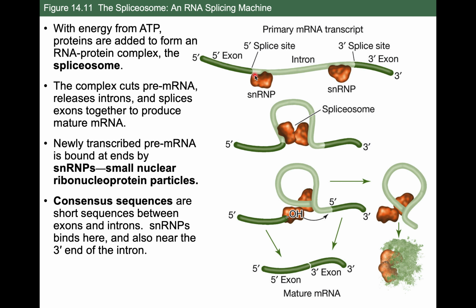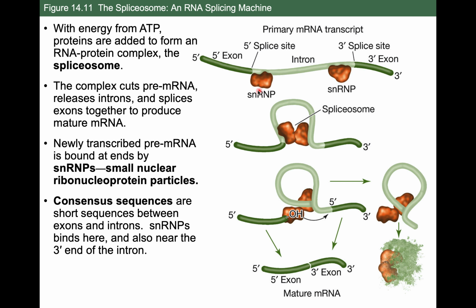Those are the ones that actually come in and recognize the edges of the exons. They sort of loop out, so you'll get one binding to each end of an exon, and then they'll come together to loop out the intron here, and then they make a cut, severing the intron, gluing the exons together, and then once they're released, holding on to that intron, they just break it down and chew it up.